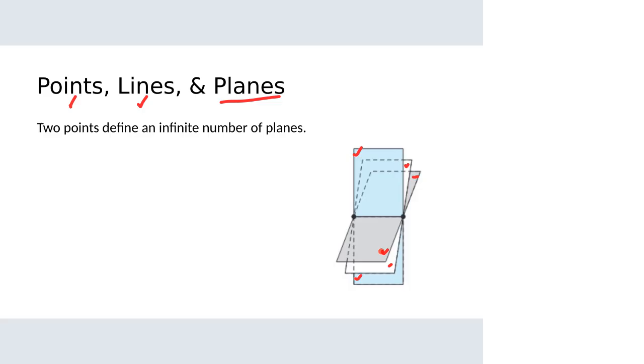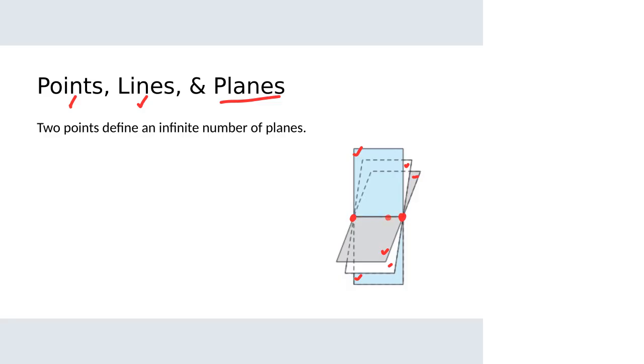And what we're finding here is, in the same way that a point can have an infinite number of lines that go through it, if we have 2 points, then an infinite number of planes can go through those 2 points.